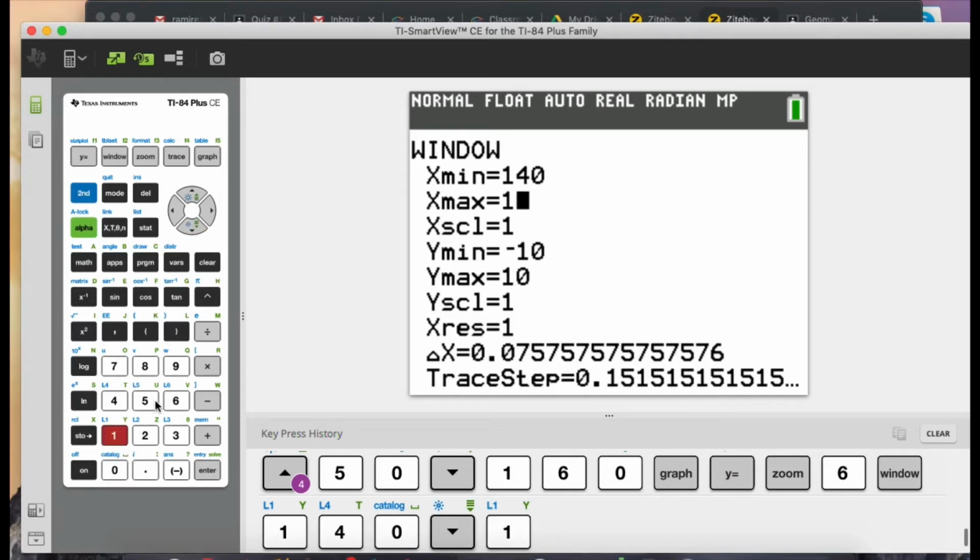Maximum, let's do 160. And then for X scale, that stands for how many units you're going by. Let's just change my Y minimum and Y maximum and see where we're at on that.